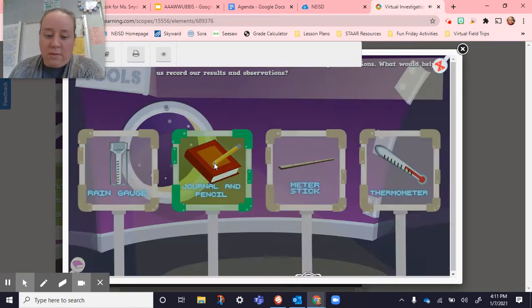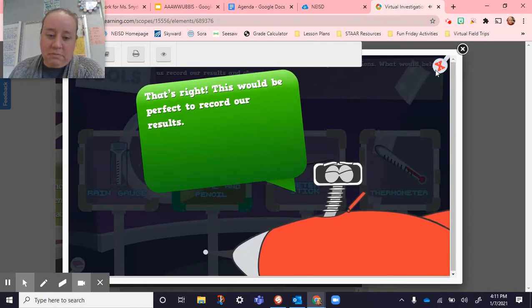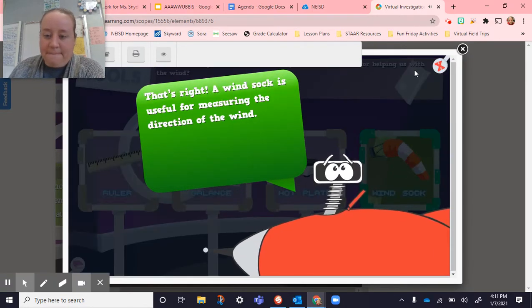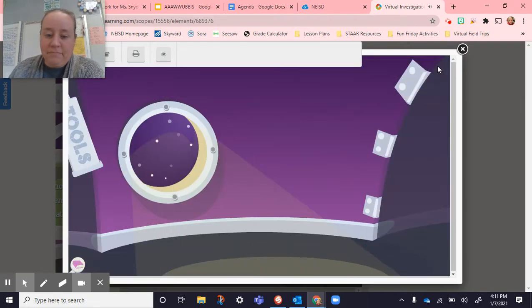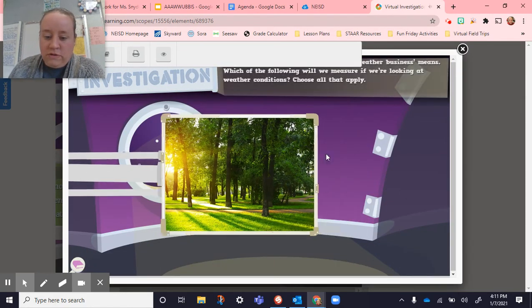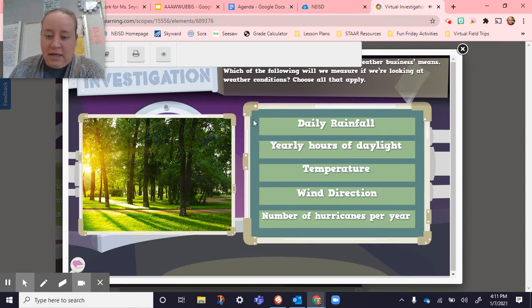We're going to record our observations with our journal and pencil. And then to measure the wind is the windsock. And then we're going to go to the forest here.